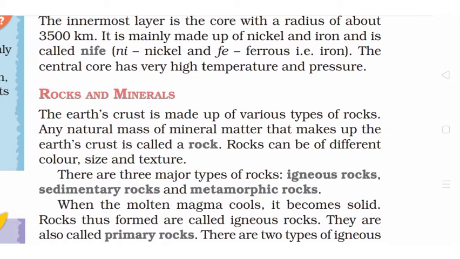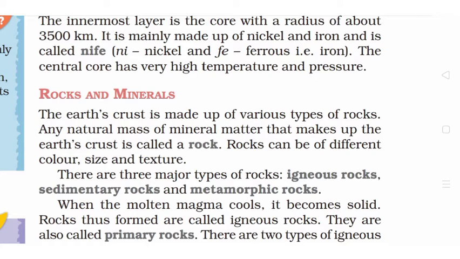Now, rocks and minerals. The Earth's crust is made up of various types of rocks. Rocks, in Hindi, means pathar. Any natural mass of mineral matter that makes up the earth's crust is called a rock. So what is a rock?